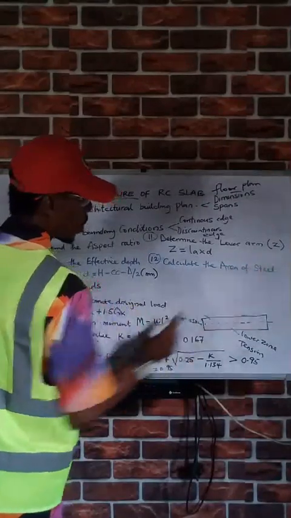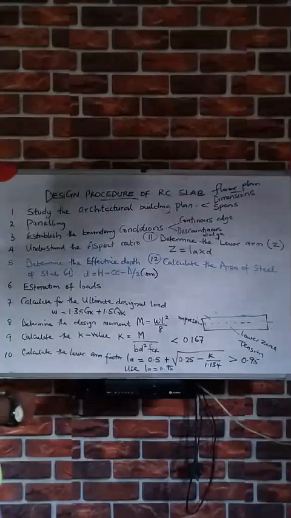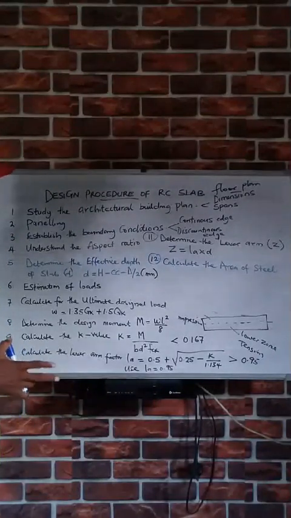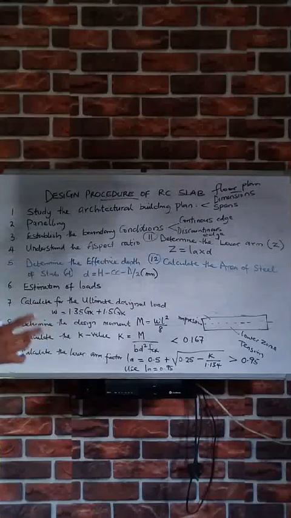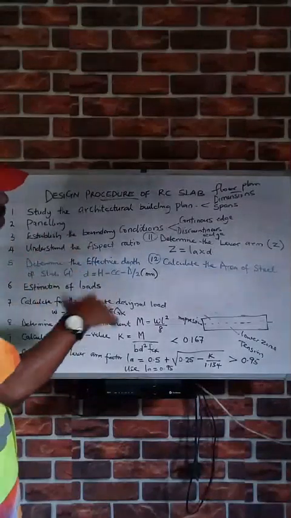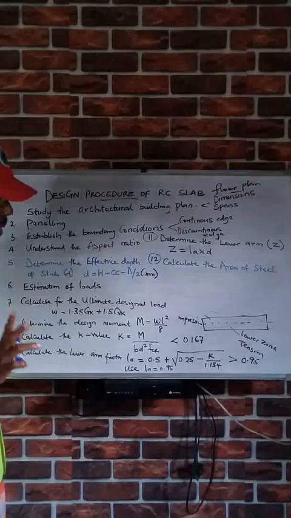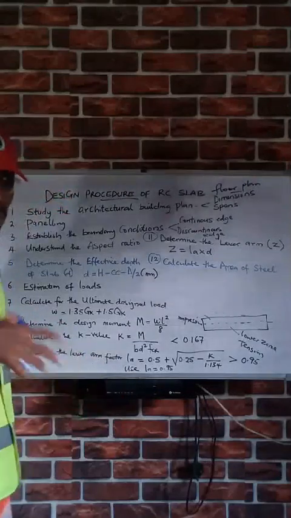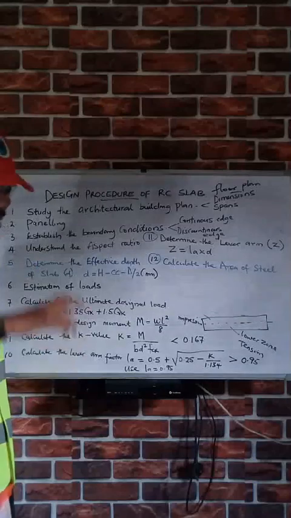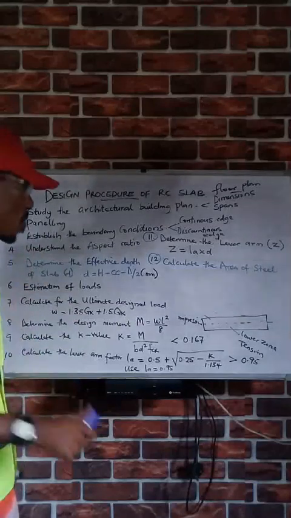Remember, our design mainly has to do with the reinforcement aspect. The concrete is also considered in design, but the end product of our design is the reinforcement, because that is what gives the skeletal framework of every building.